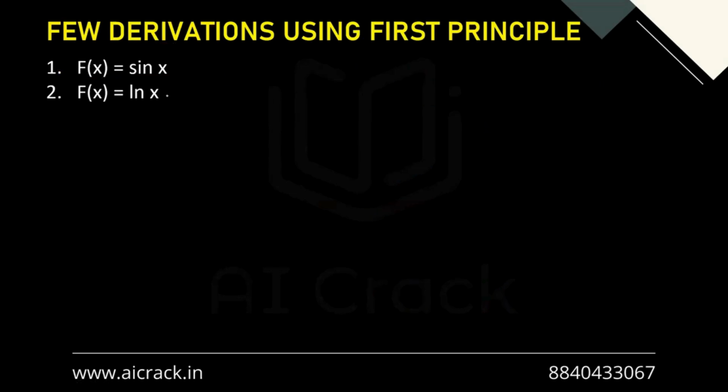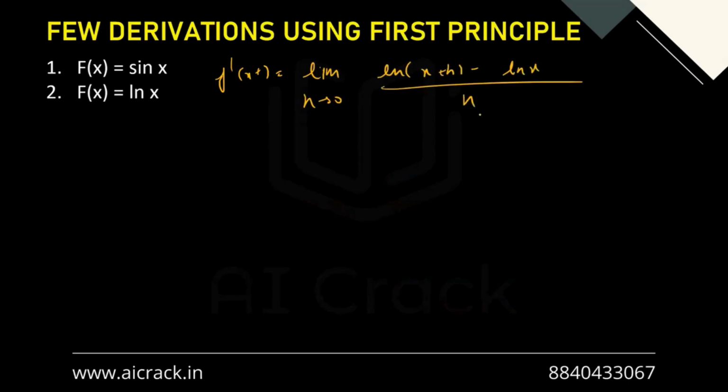Now let's talk about ln x. We have f dash x plus equals limit h approaches 0 of ln of x plus h minus ln x divided by h, right? Now we'll be using the log property over here. Limit h approaches 0, this would become ln of (x plus h) by x, divided by h.